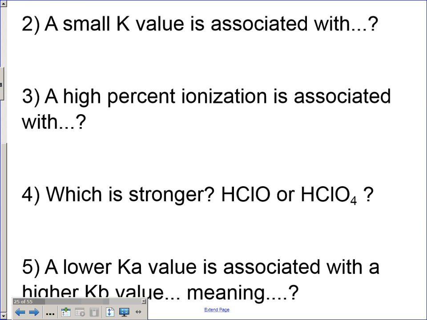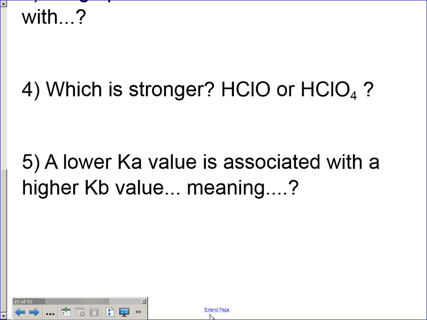Tell me this one. Which is stronger? And name these for me. Alvin, what's the name of this? Hypochlorous versus perchloric. Okay, who's stronger? Everyone says perchloric. I know that's because you memorized the strong acids, but why?